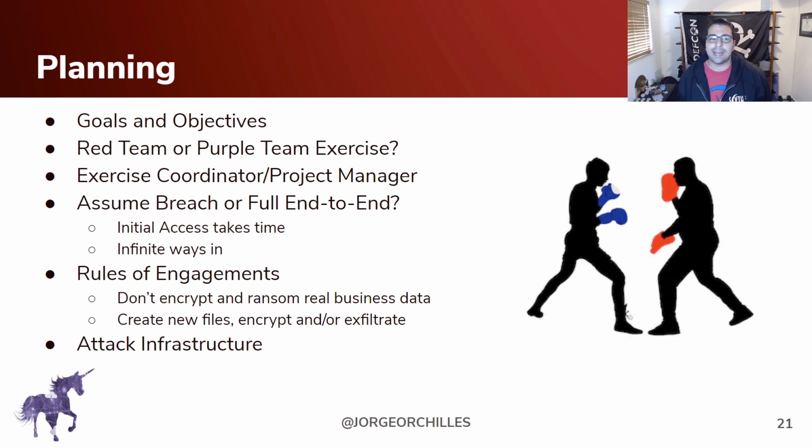We also want to decide, are we going to do this as a red team exercise or a purple team exercise? Given we are in the Red Team Village, we'll do it as a red team exercise. I'm going to emulate all the steps, and then later on, we'll see what the blue team was able to catch or prevent. It's very important to have an exercise coordinator and a project manager.